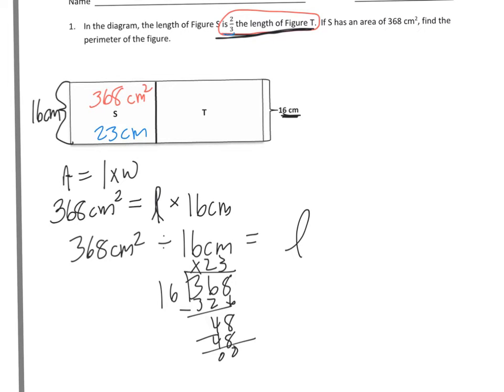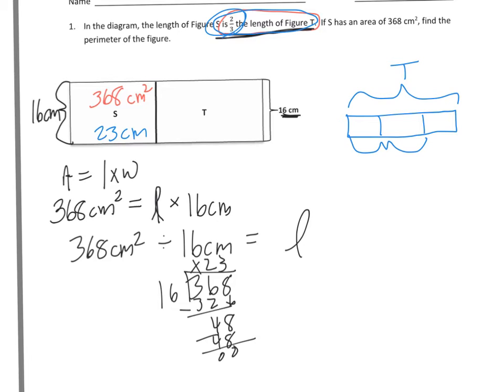And it says S is 2/3 the length of T. So I'm going to do a tape to show this. If this whole length is T, I know that 2/3 of it equals S. That means 2/3 equals 23 centimeters.